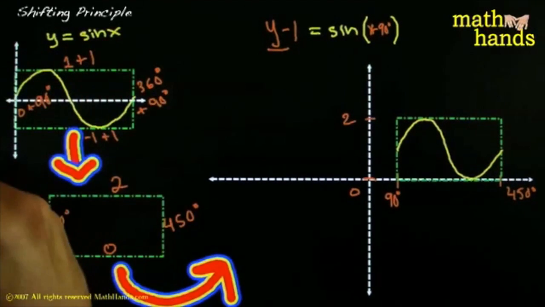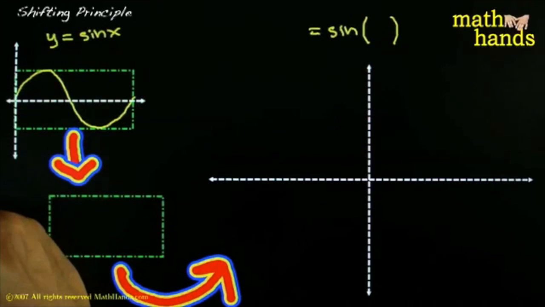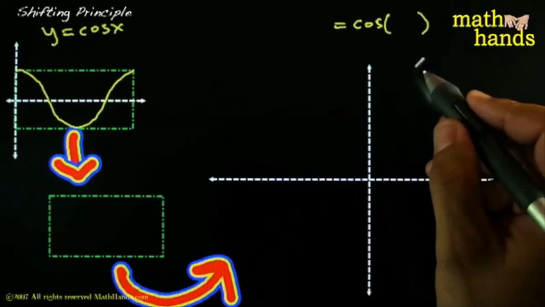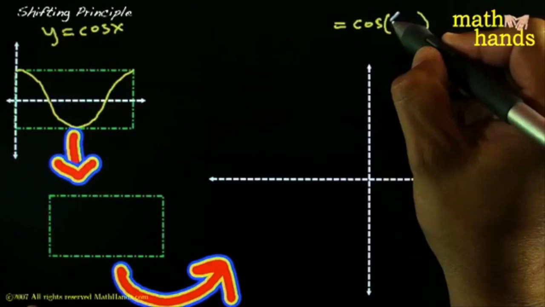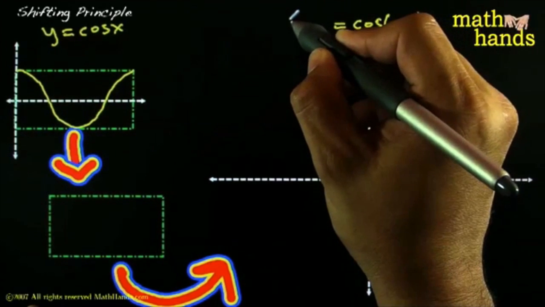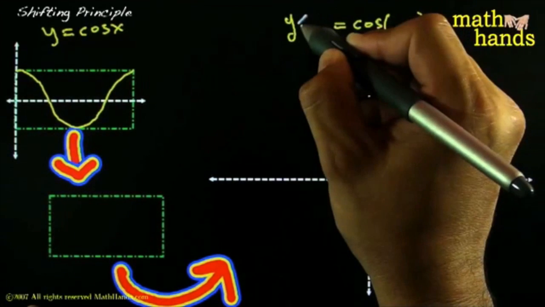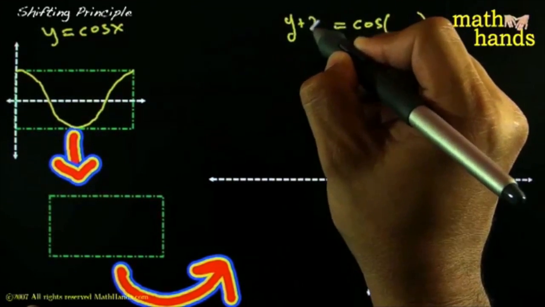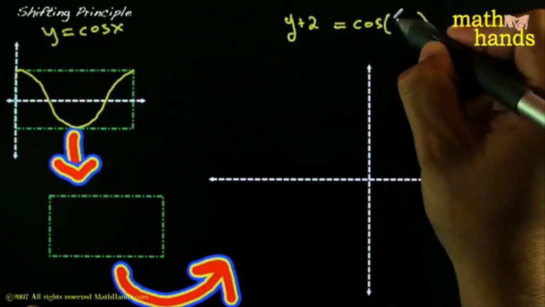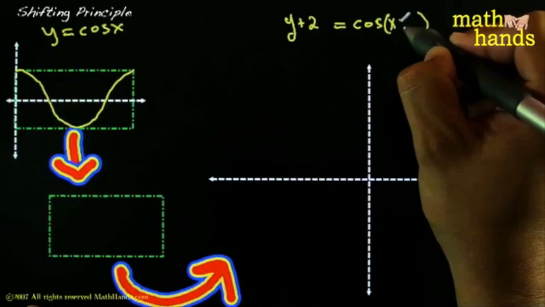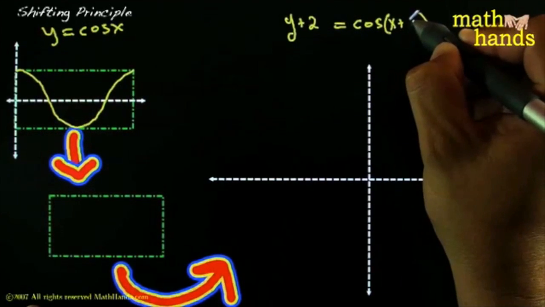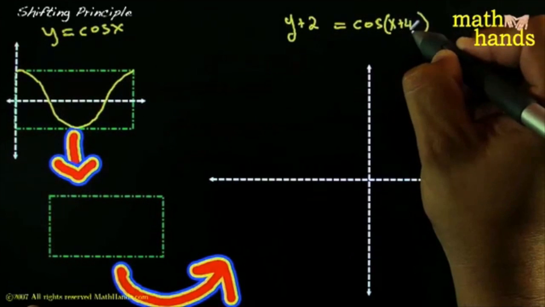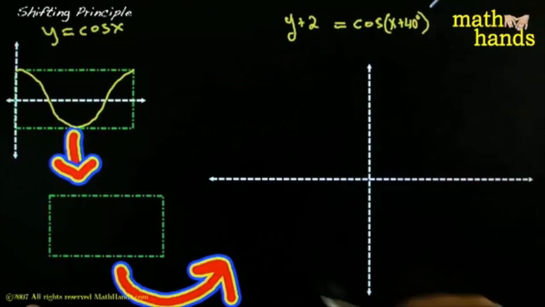Okay. Always do the opposite. Let's try a cosine. You guys feel like a cosine? Alright, suppose you wanted to graph, let's say, y plus 2 equals cosine of x plus 40 degrees.